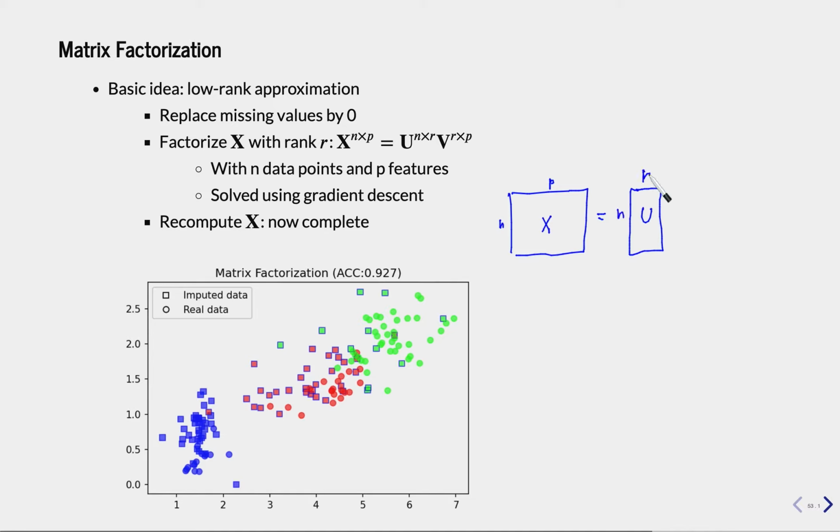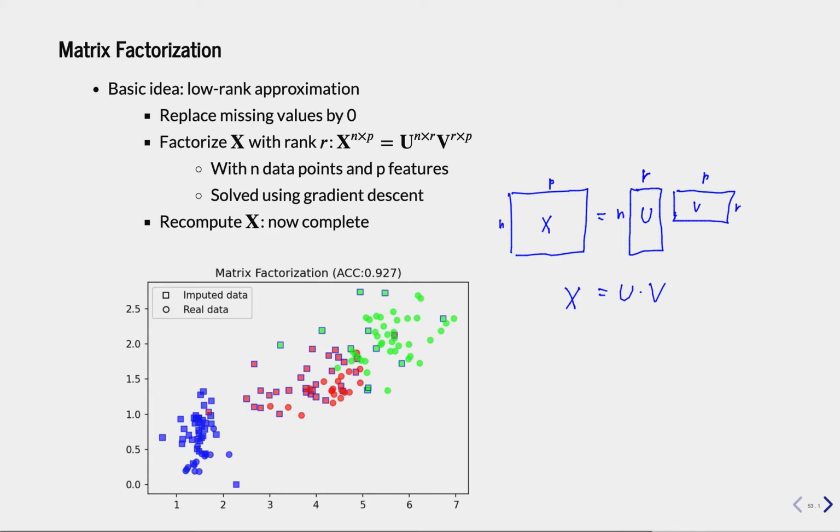So r, the dimensionality or the rank, is something that you choose. Okay, and then the matrix V will be an r by p matrix. Right? So the idea is that X equals U times V in matrix multiplication.